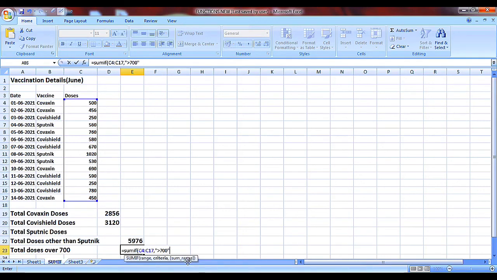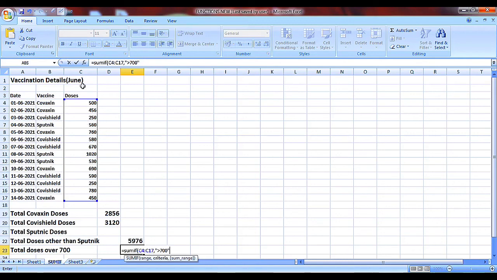Here you need not include sum_range because it is total doses over 700. It means we are going to add the doses column only. In previous cases, that is in total Covaxin and Covishield doses, we were checking the condition against the vaccine column and we were adding the doses column.